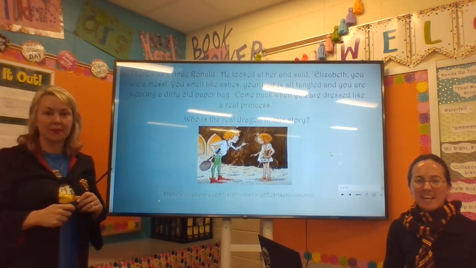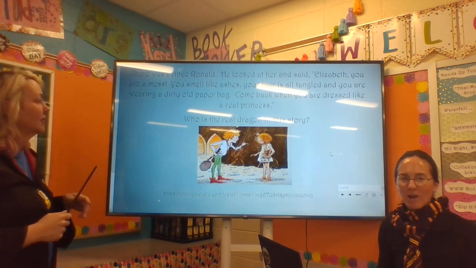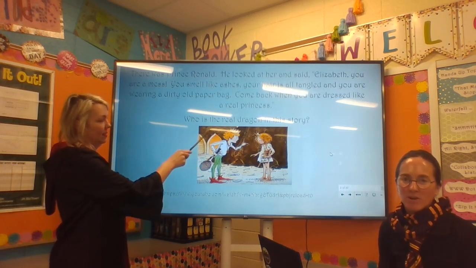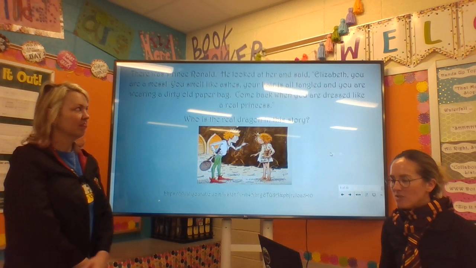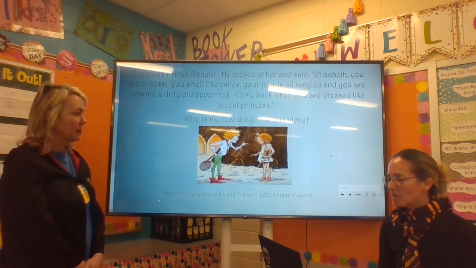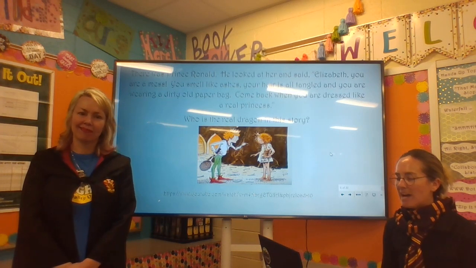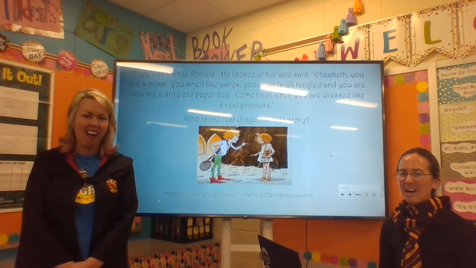So one dragon that Elizabeth had to overcome was Prince Ronald. Here's a quote of something that he said to her in that story. He says, "Elizabeth, you are a mess. You smell like ashes. Your hair is all tangled. You're wearing a dirty old paper bag. Come back when you are dressed like a real princess." Wow.